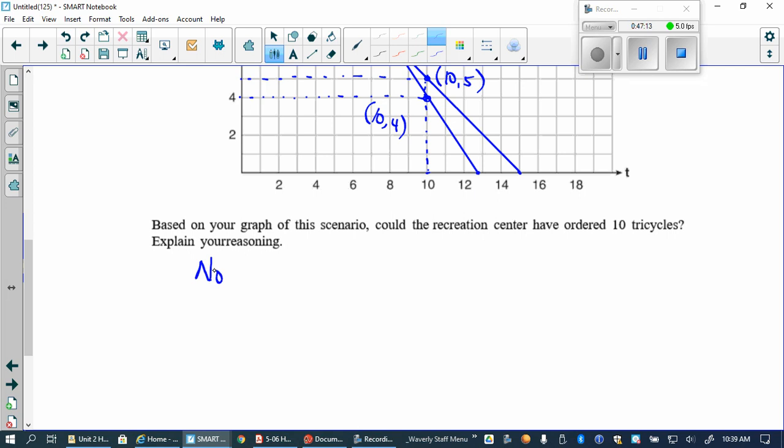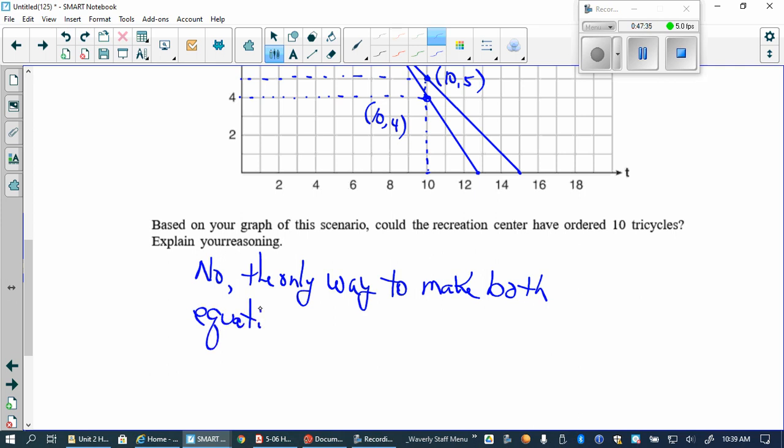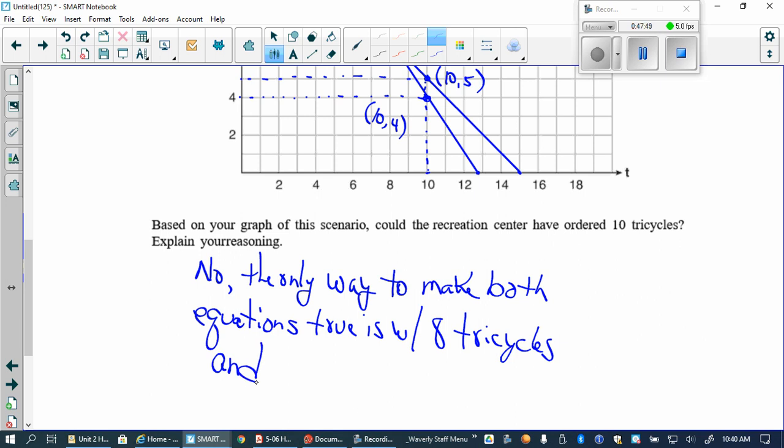Let's explain that. The only way to make both equations true is with 8 tricycles and 7 bicycles.